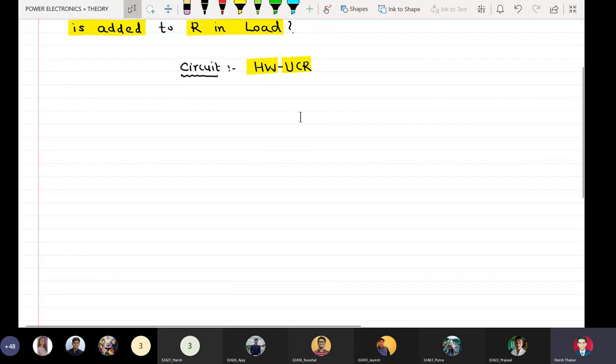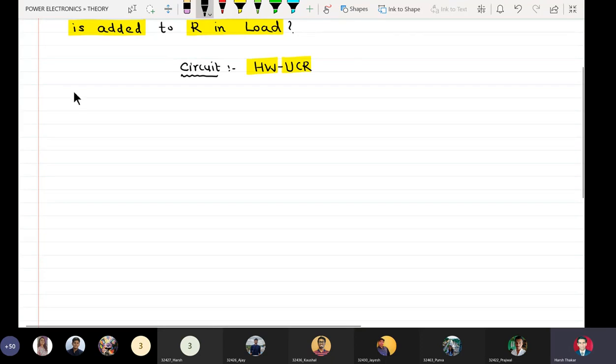Because it is uncontrolled, we have to use a diode and not an SCR. And because it is half wave, the output is expected only in one of the two half cycles of the input, so we'll use a single device. A single diode will form the heart of the circuit, and we will connect this diode in such a way that it remains forward biased in the positive half cycle.